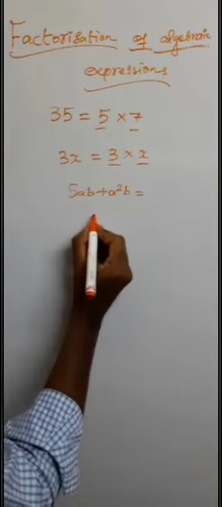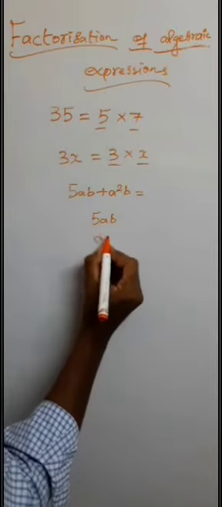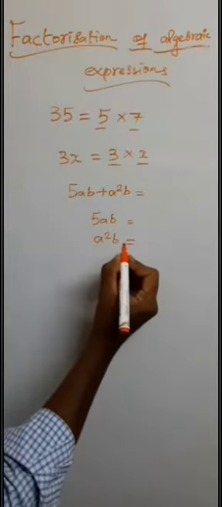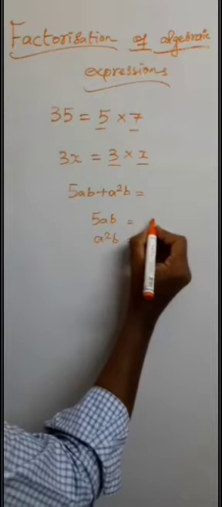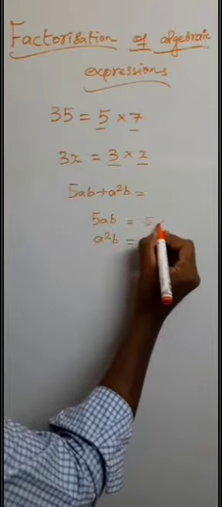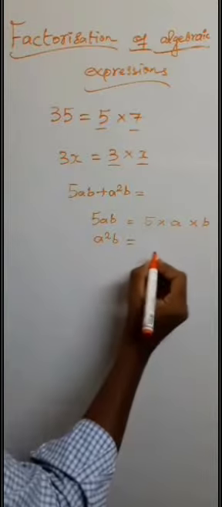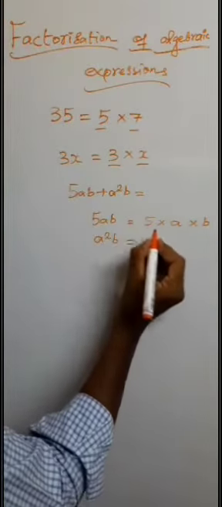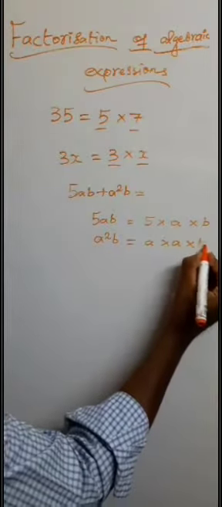Write each term separately like this. 5ab equal to 5 into a into b. A square b equal to a into a into b.